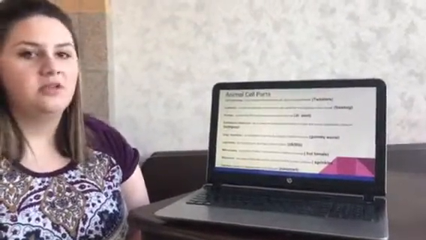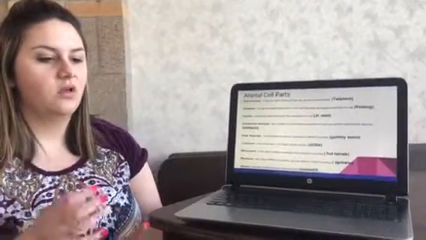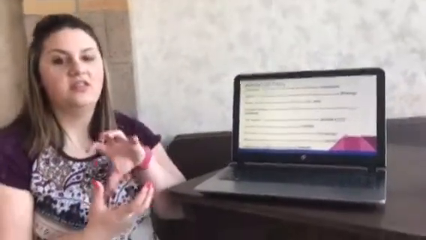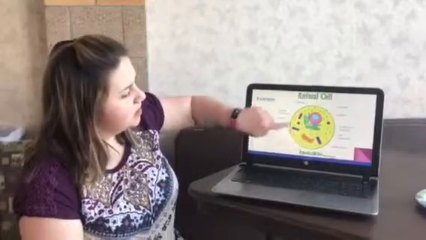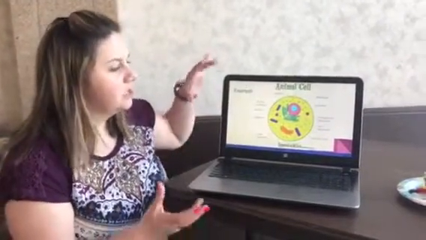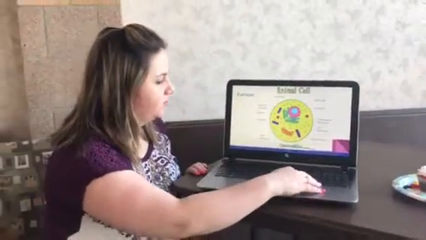It is just a gel-like material, and all of our organelles are in it, within the cell membrane, and it keeps the organelles from drying out. Our cytoplasm in this cell is the yellow color within the entire cell. You can see it's keeping all of the organelles floating in that cell.